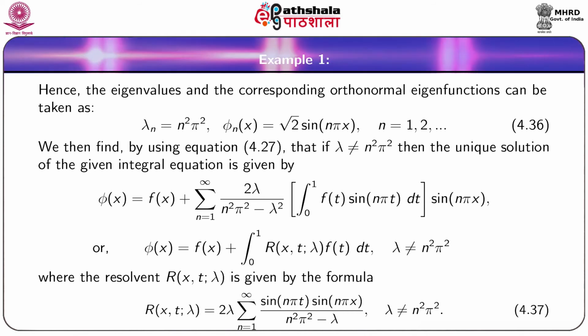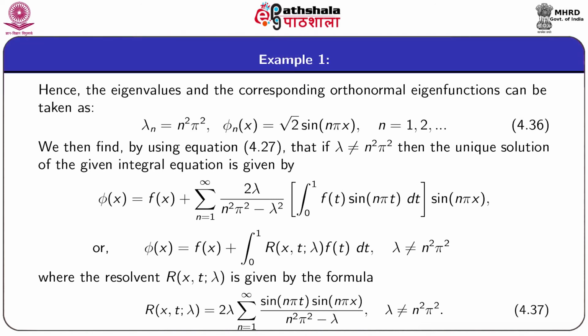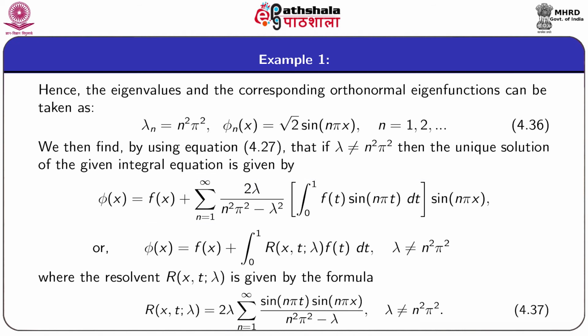Now if I use the Hilbert-Schmidt theorem, by using equation 4.27, we can say that the unique solution of the given integral equation is obtained as φ(x) equal to f(x) plus summation n equal to 1 to infinity of 2λ divided by (n²π² minus λ) times integral 0 to 1 of f(t) sin(nπt) dt into sin(nπx).